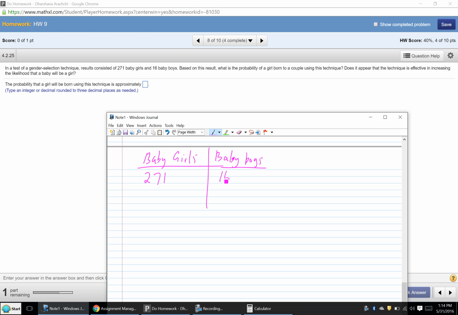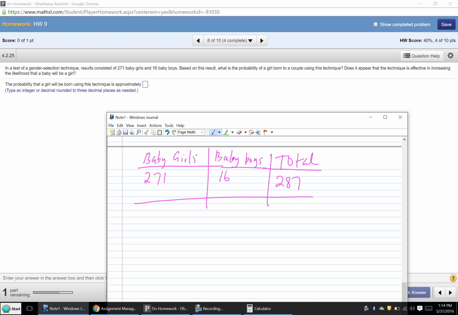This is what the experiment resulted. Now out of how many babies? In other words, what is the total? The total is 271 plus 16, which is equal to 287.